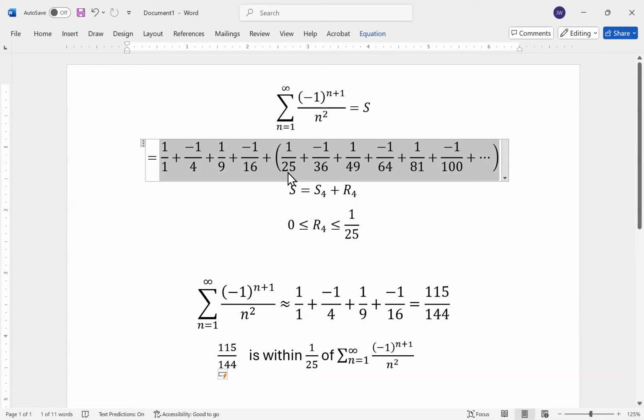If I wanted to approximate within 1/50th, I'd wait till the lead term in my remainder is 1 over 50 or smaller. 1 over 49 is just a little bit bigger than 1 over 50, so I'd go to the next one and I'd do that.